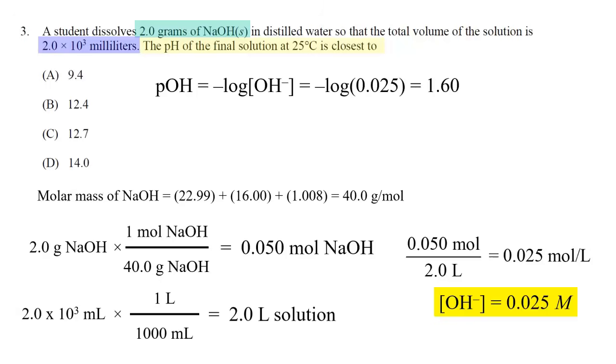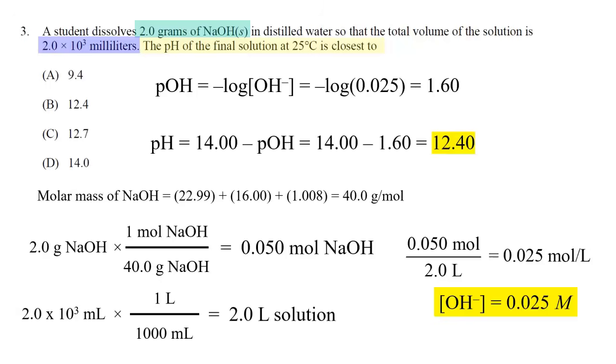So 1.60 is the pOH of this solution, and since pH plus pOH equals 14 at 25 degrees Celsius, then 14 minus pOH will give us the pH. 14 minus 1.6 is equal to 12.4. So the correct answer to question 3 is choice B.